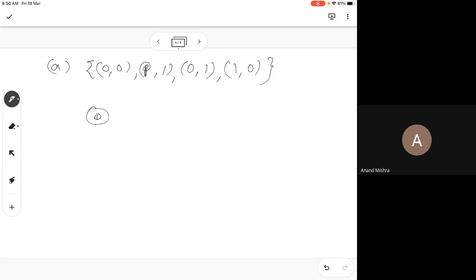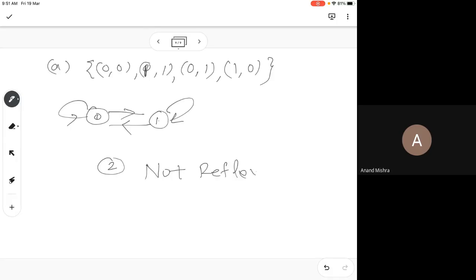With 0, 1, 2, and 0, 0, 1, 1, then you have 0 to 1 and 1 to 0. This is not reflexive because there is no self loop. For being reflexive, you need to have a self loop in all the nodes.